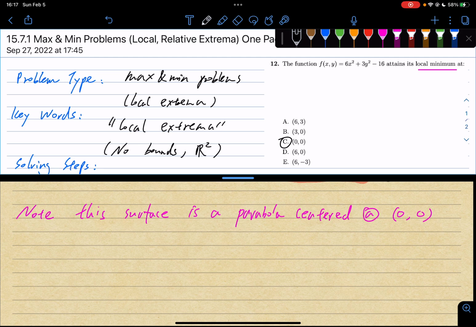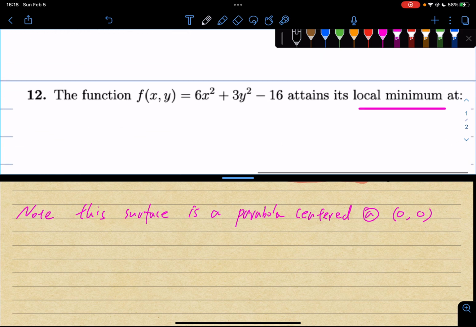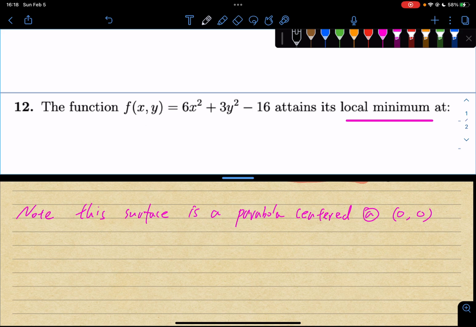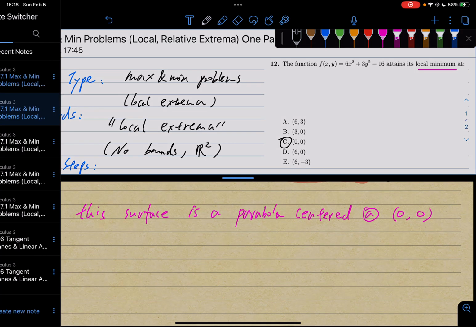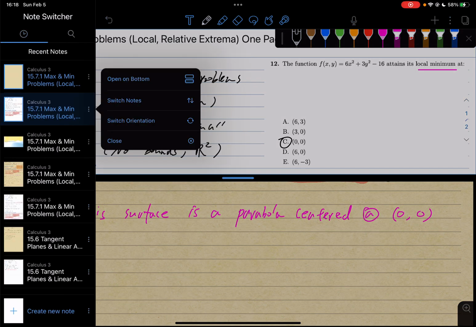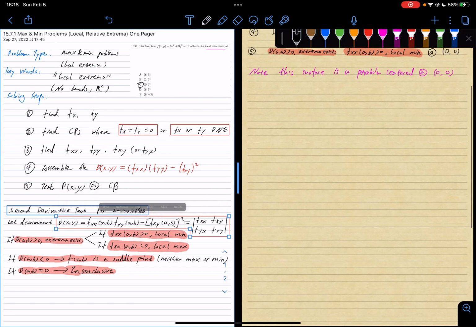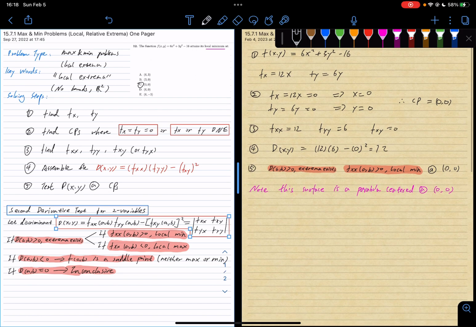But I showed you anyway, just for the sake of showing you the process to apply for any type of problem. There's clearly a shortcut to arrive at the correct answer, which is (0, 0). That is how you can apply the second derivative test to find local extrema.